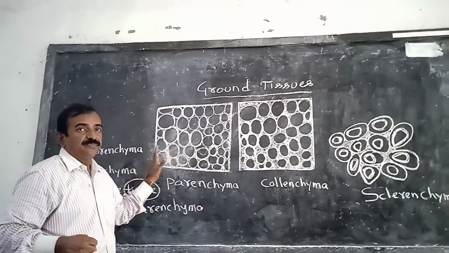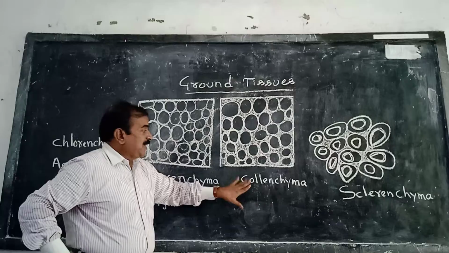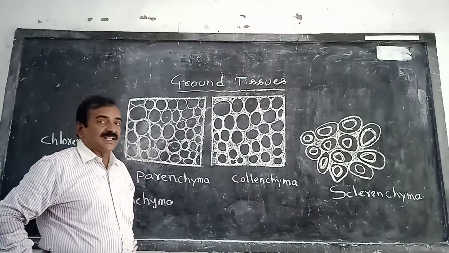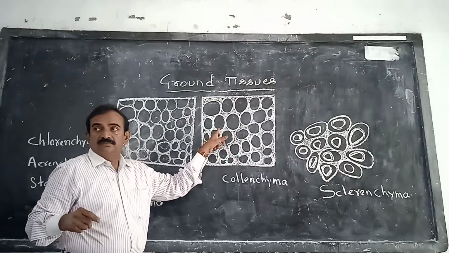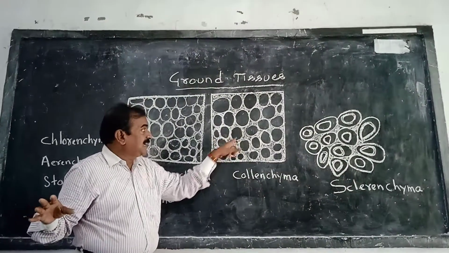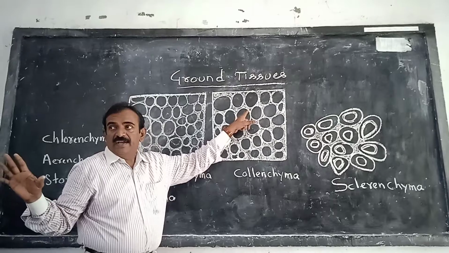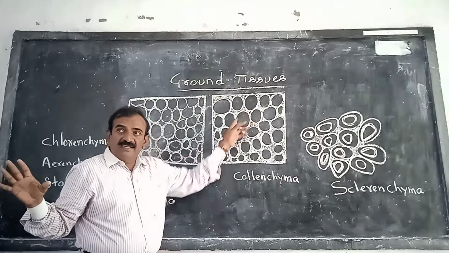Okay, this is over, and now we are discussing collenchyma. Collenchyma is thick walled, and there are no air spaces. It is also living tissue.